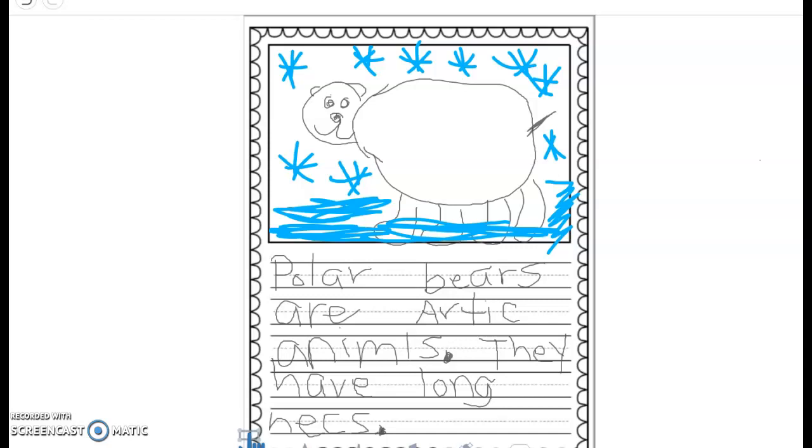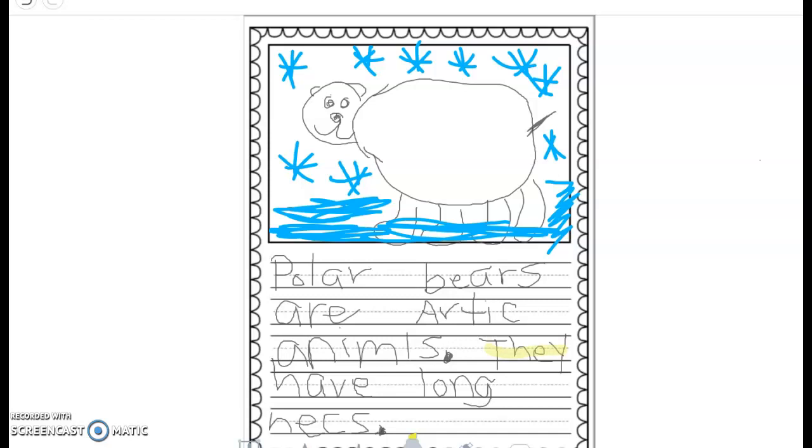Now, I do have a little bit of room to start my sentence. So I'm going to start my sentence at the bottom, but then I'm going to need to go to my next page. So I'm going to leave some space because I'm starting a new sentence, and I'm going to use the word they again. Now look, I've already written the word they right here. Do you see where I highlighted it?